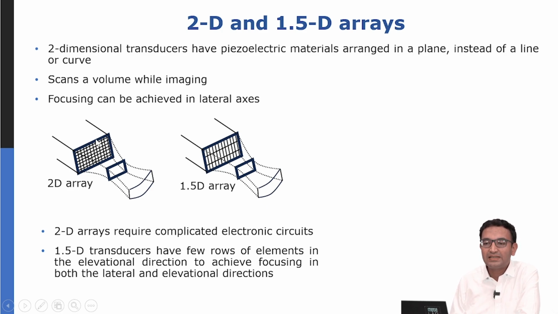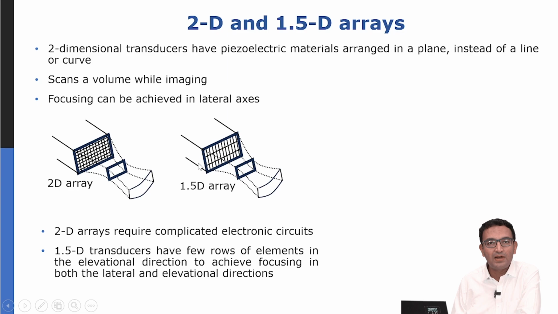Now these matrix arrays or the 2D arrays can scan volumes while imaging, and therefore they can perform 3D imaging. And now you can apply delays along either direction, and thus you can focus in both lateral axes. Now 1.5-dimensional arrays can also focus in the lateral and elevational direction, but not to the same extent as 2-dimensional arrays.